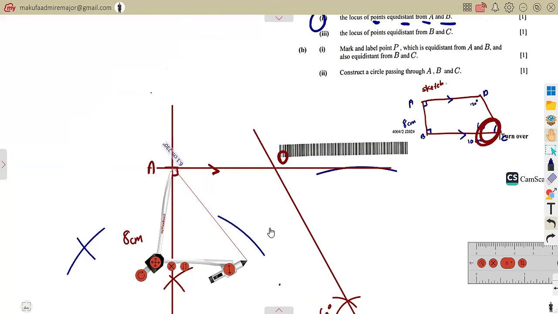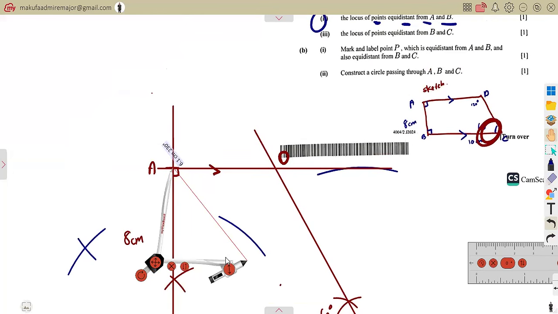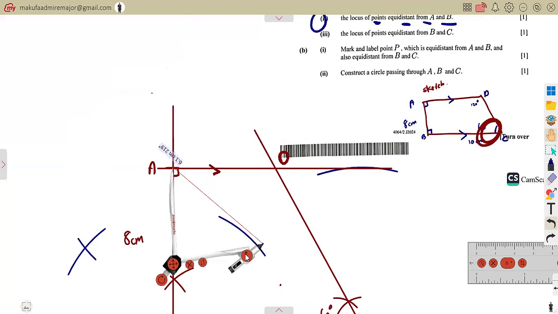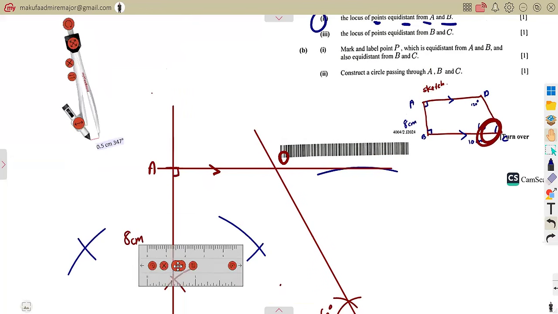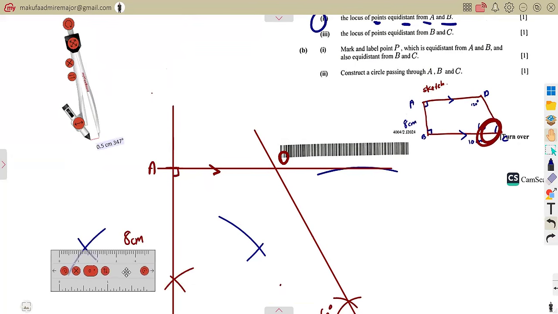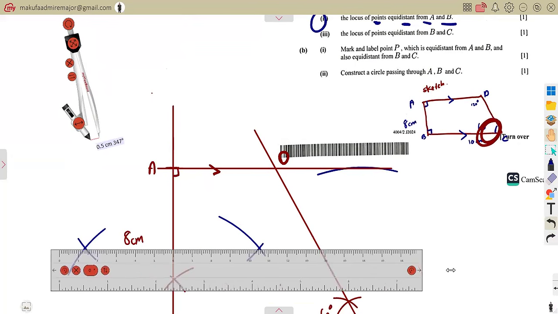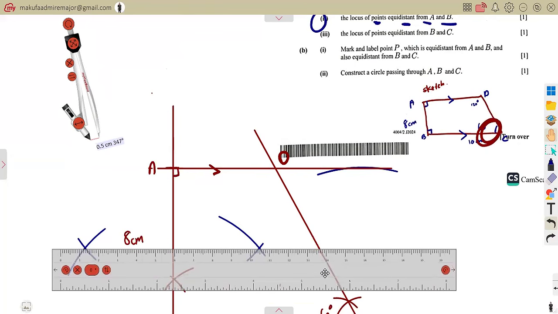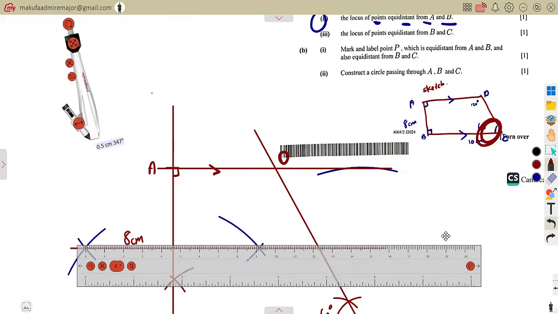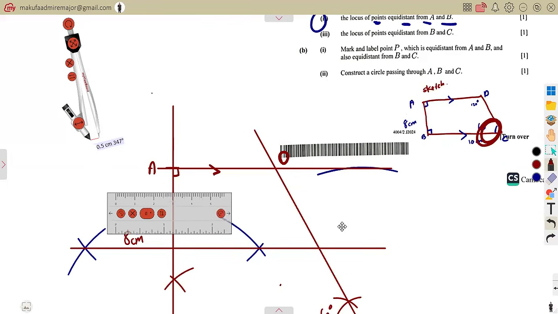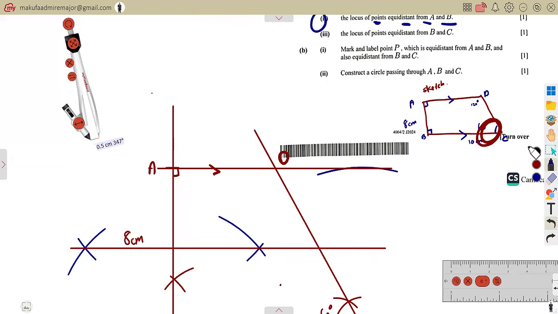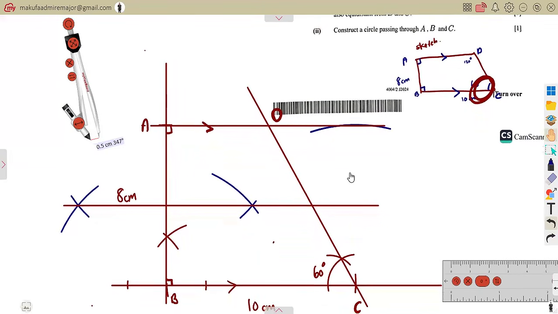So these two arcs do meet at a certain point. Where the two arcs meet, you can join. That is, you have bisected, you've divided this line into two equal parts. So this is our line bisector, the locus of points equidistant from A and B.